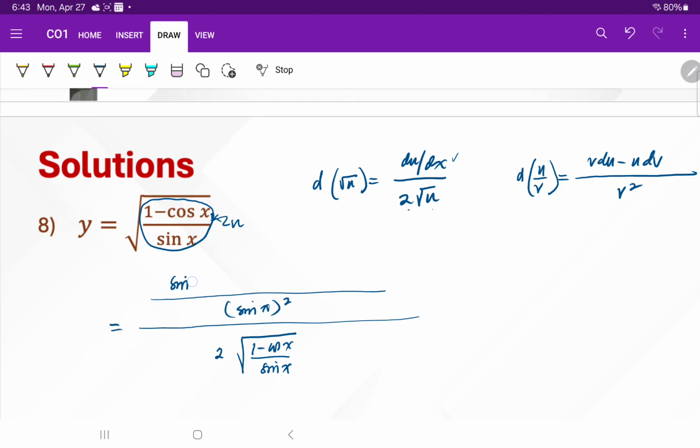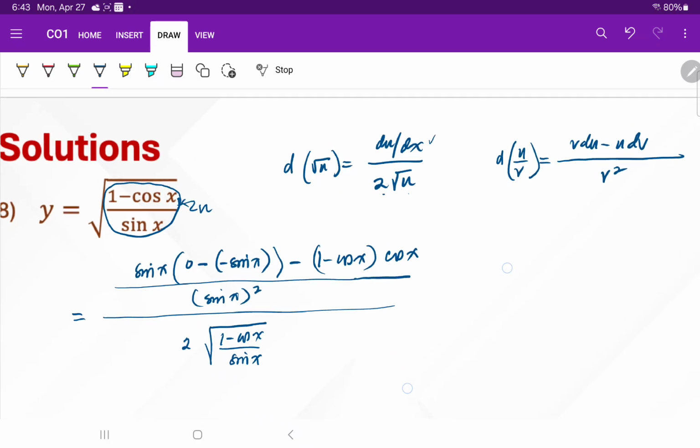So v times the derivative of u, 0 minus sine of x. Then v du minus what? u, which is 1 minus cosine x times the derivative of sine x, which is cosine x. So v du minus u dv. Then we simplify.